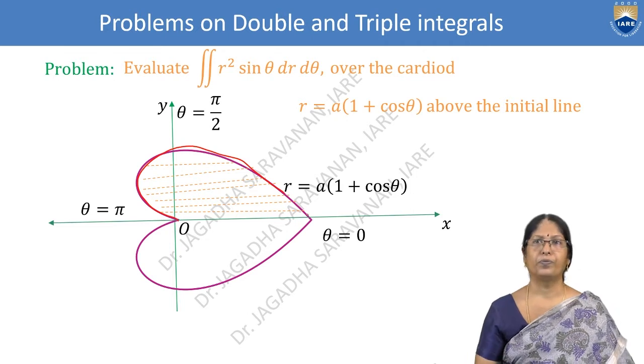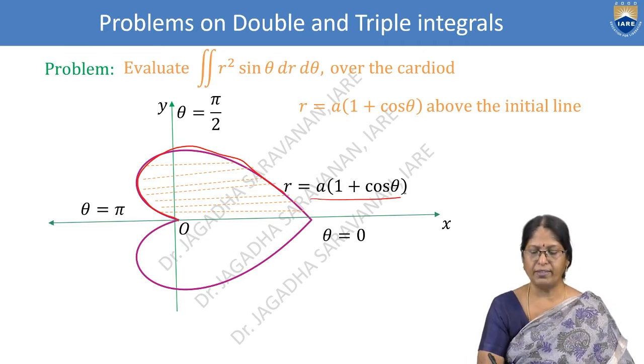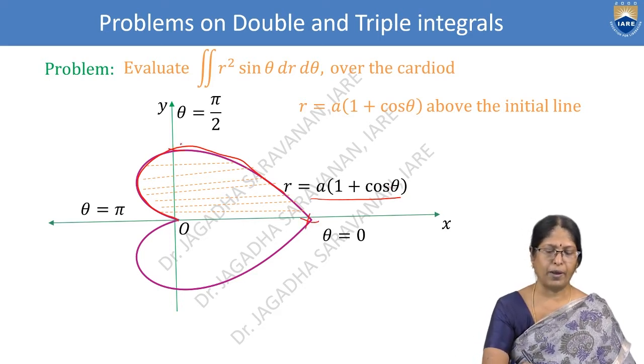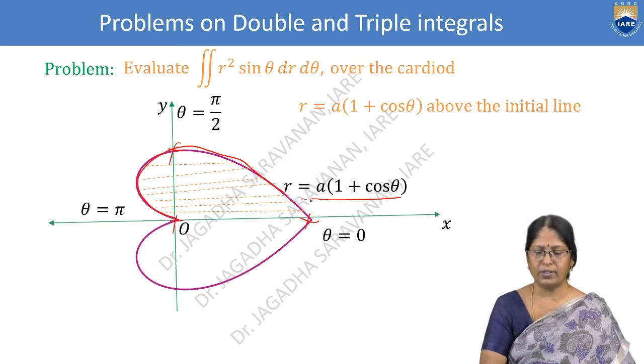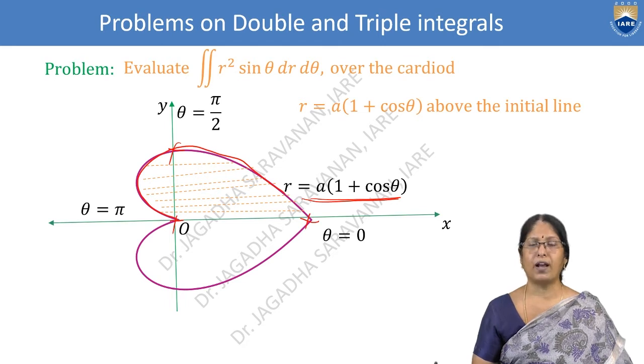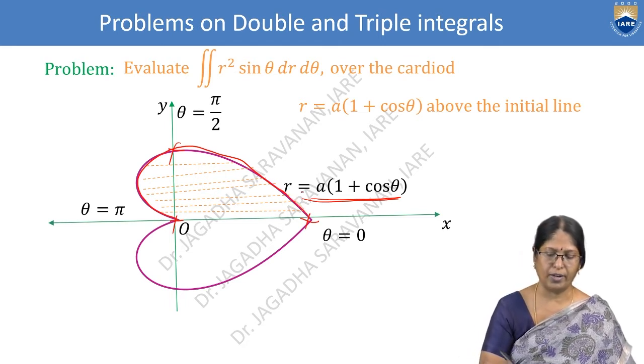We substituted theta 0, this point, pi by 2, this point, pi, this point. So this is the curve r equal to a of 1 plus cos theta. That's what is kept here.